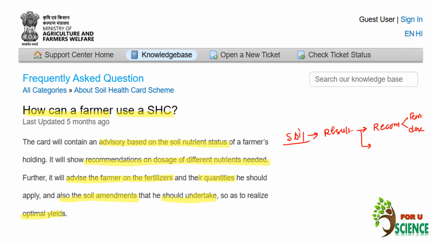There will also be some soil amendments for reclamation of the soil. This is how the soil will become productive and produce a good yield for the farmer. So this is all about the scheme.